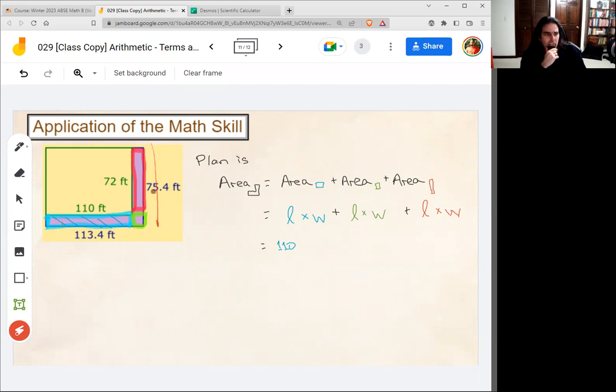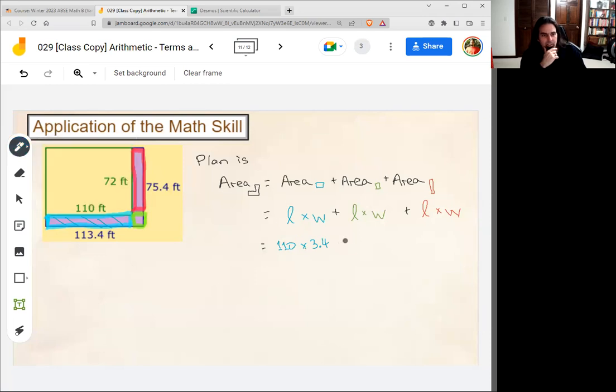Well, the whole edge is 75.4. Going down this far is 72. So this must be the other 3.4. 72, and then a little more to get to 75.4. So times 3.4.